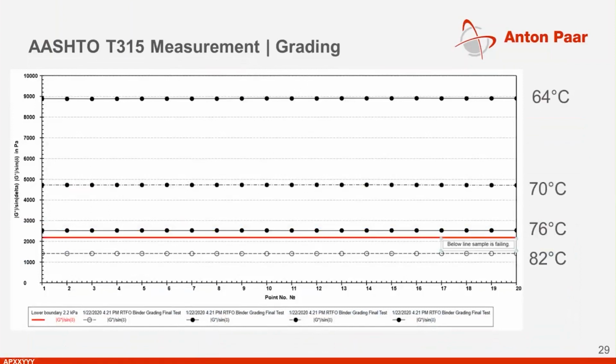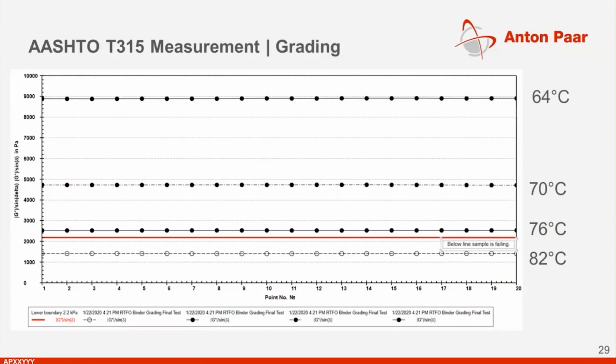For the grading of an unknown original or RTFO binder, the procedure starts at a low temperature, which should pass. In this example, we choose 64 degrees C. Then the temperature is increased by 6 degrees, and the test is performed again after the temperature was kept constant for 10 minutes.